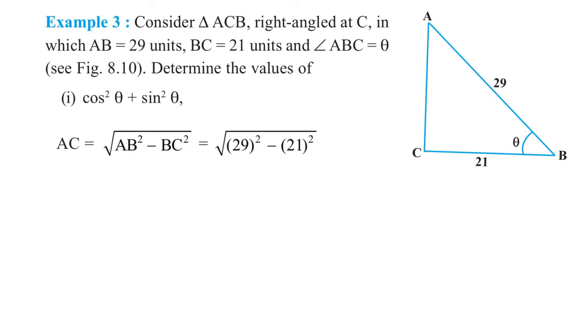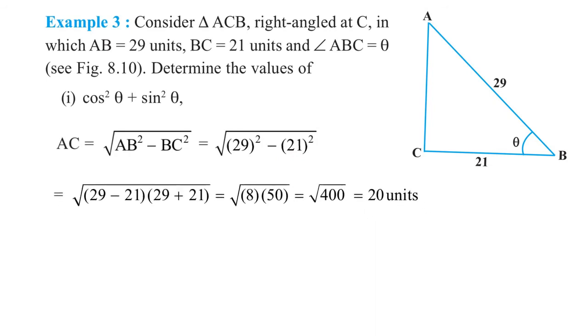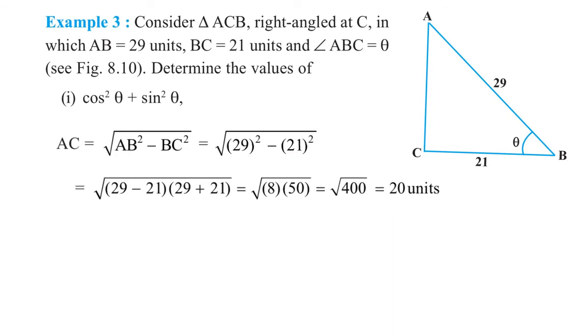Plug in the values: 29 squared minus 21 squared. For easy simplification, this is in the form A squared minus B squared, which can be written as A plus B times A minus B, and then simplified. So when you simplify that, you get 20 units. So now we know AC is 20 units.